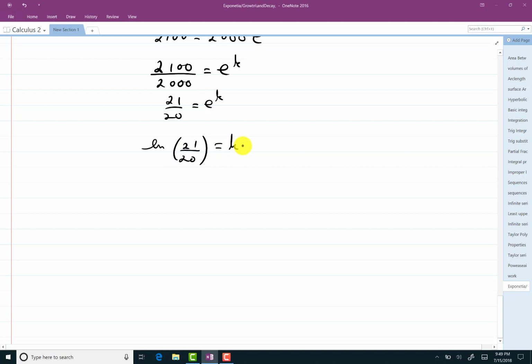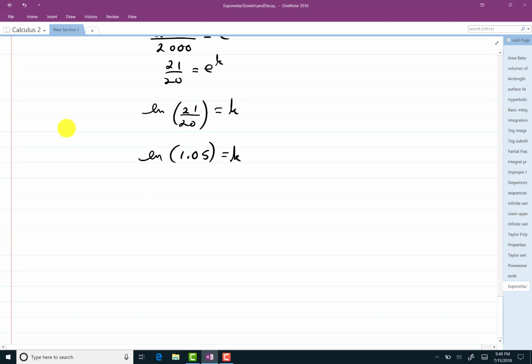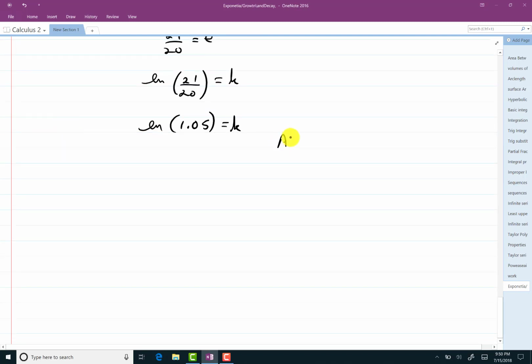Leave it at that, you could. 21 over 20, guess what it is? This is ln of 1.05 equals k. So what I have then is A of t, I've got the complete formula for it, is 2,000 e to the ln of 1.05 times t.